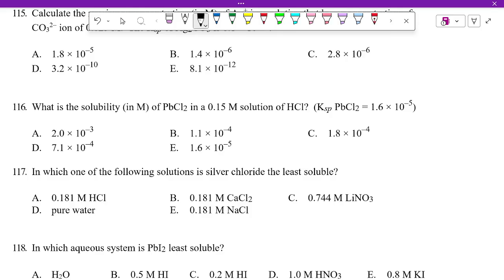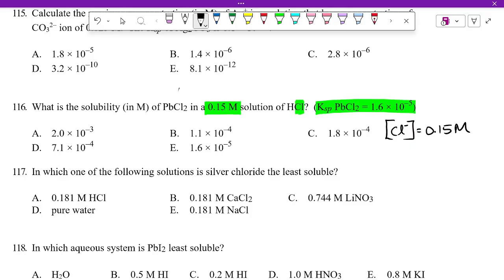So once again, we are given KSP. And we are given the concentration of Cl, same as HCl, yeah?